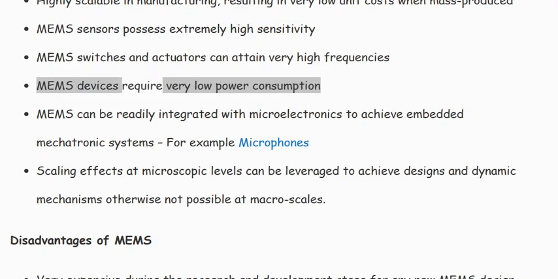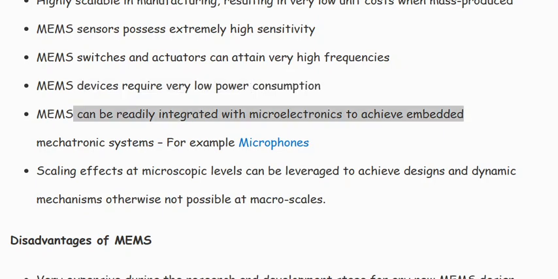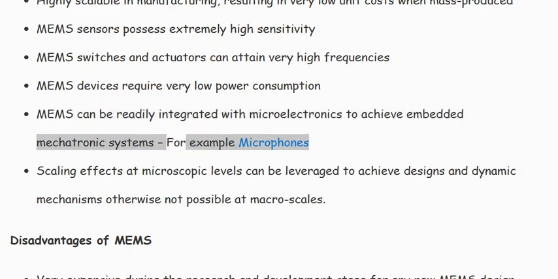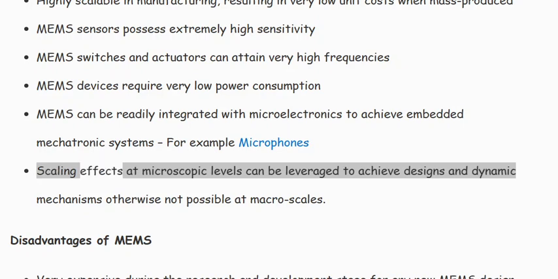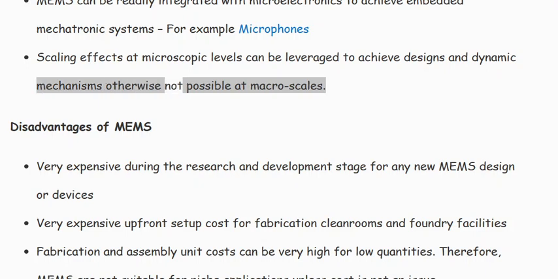MEMS devices require very low power consumption. MEMS can be readily integrated with microelectronics to achieve embedded mechatronic systems, for example microphones. Scaling effects at microscopic levels can be leveraged to achieve designs and dynamic mechanisms otherwise not possible at macro scales.